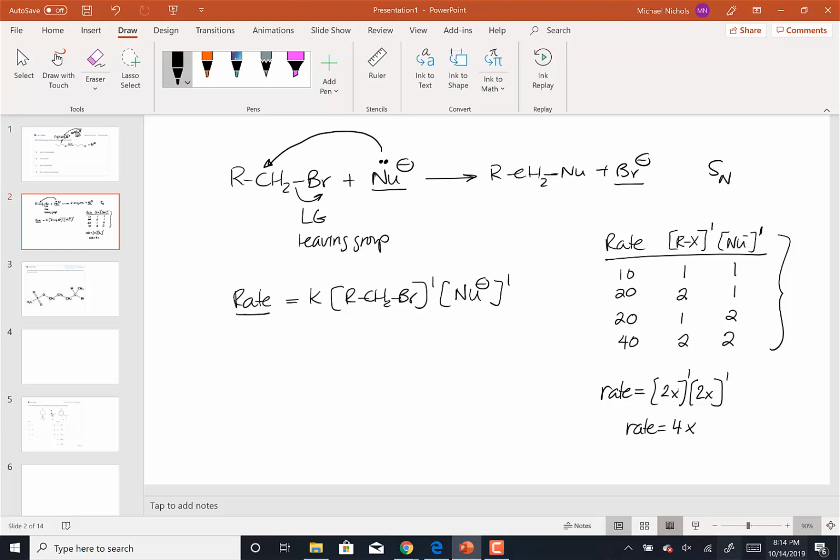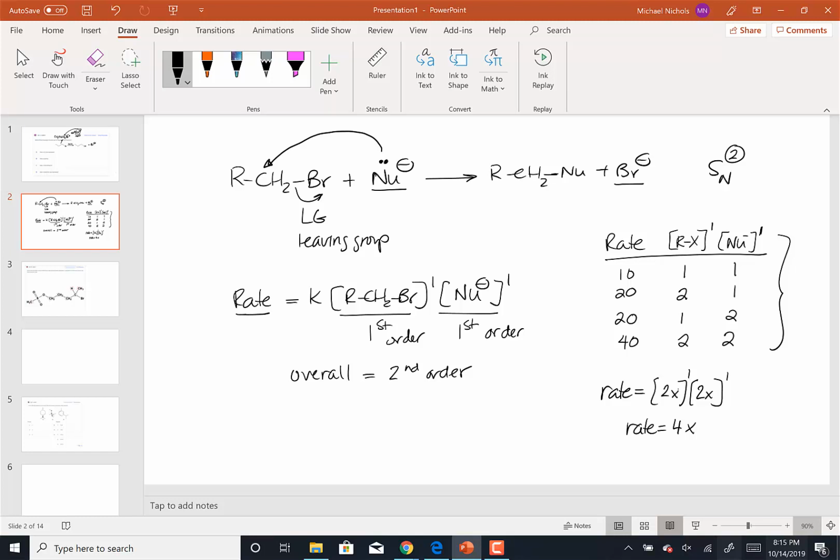So then if the reaction is first order in alkyl halide and first order in nucleophile, overall the reaction is said to be second order, and that's where the SN2 part comes into play, because this has second order kinetics overall.